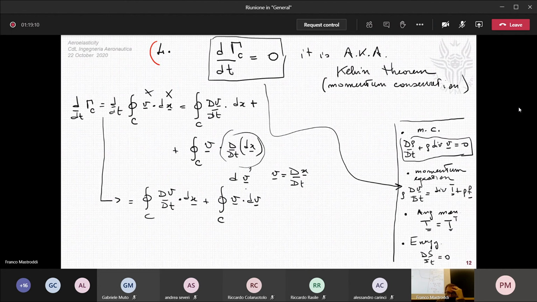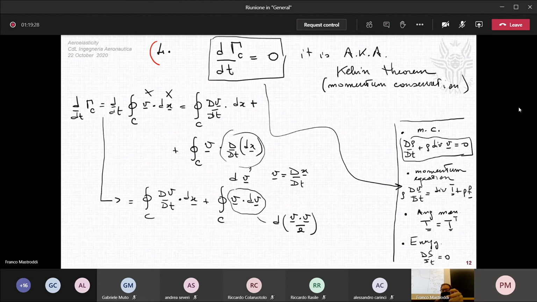Okay? But this is equal to the differential of v dot v by 2.